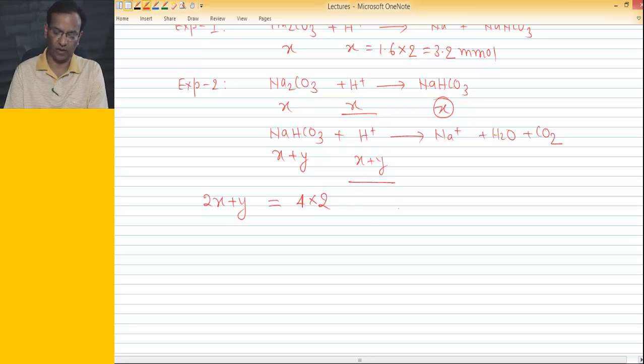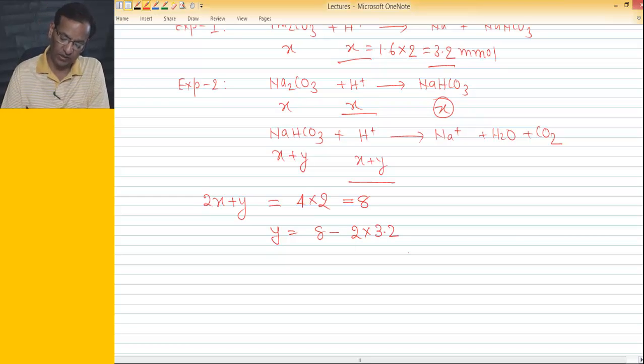So 4 into 2, 8 millimole of hydrogen ion. X is known, it is 3.2. So Y will be equal to 8 minus 2 into X, which is 3.2. So 3.2 into 2, 6.4. 8 minus 6.4, 1.6 millimole.